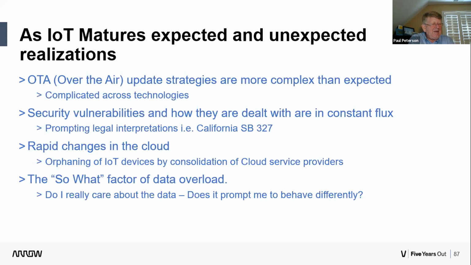Another area, and I don't want to spend too much time on this, is the so what factor. What we're finding out is data for data's sake is interesting at first, but over the long term, and I will tell you, my video doorbell, I really don't even pay attention to it when it goes off anymore. There's a so what factor. It's cool.